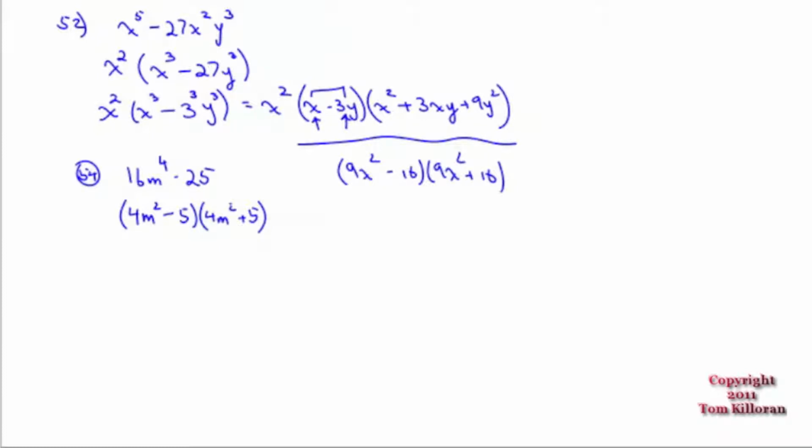Well, because this is the difference of perfect squares. And what does 9x squared minus 16 factor into? 3x minus 4, 3x plus 4. So the final answer should be 3x minus 4, 3x plus 4. Can you factor 9x squared plus 16? No, because it's not the difference of perfect squares. So you just leave it alone. 9x squared plus 16. And that would be what's considered completely factored.